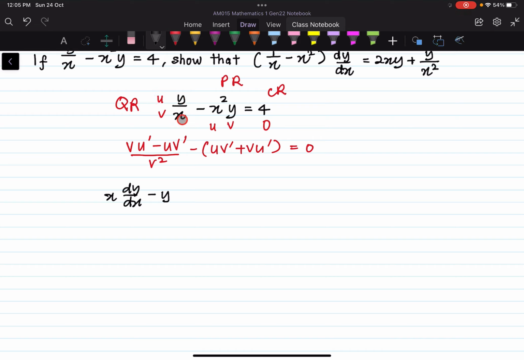And for v prime, we differentiate x with respect to x, which is 1, divided by v squared, which is x squared, minus, put brackets there, u, which is x squared, times the derivative of y with respect to x, dy dx, plus the v, which is y, times the derivative of x squared with respect to x, which is 2x.